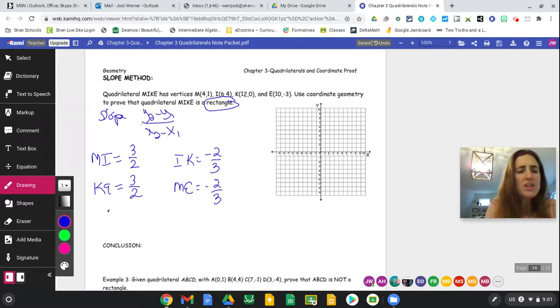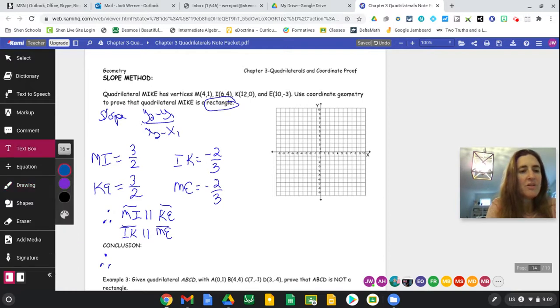So a whole bunch of different conclusions can happen here. I have to do the one to make it a parallelogram first, and then do the one to make it a rectangle. So to make it a parallelogram, I'm going to use the fact that MI is parallel to KE, and that IK is parallel to ME.